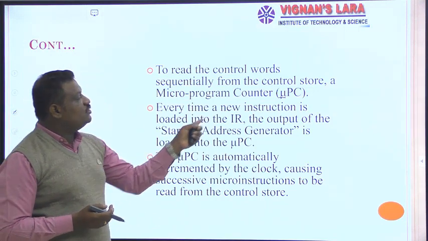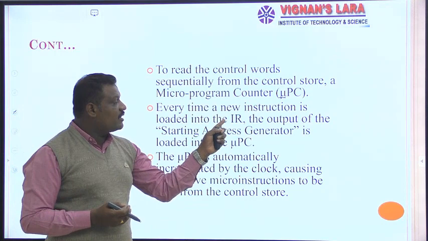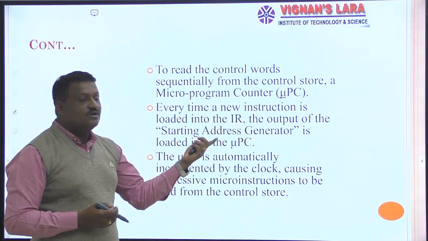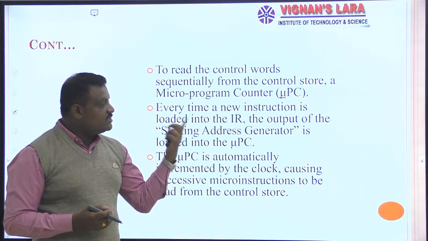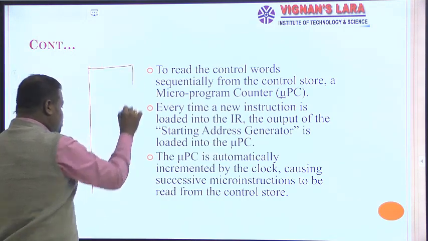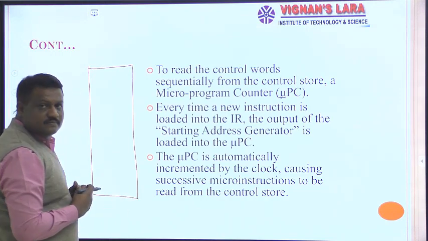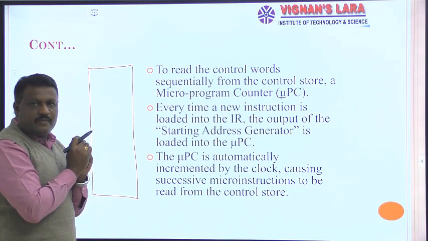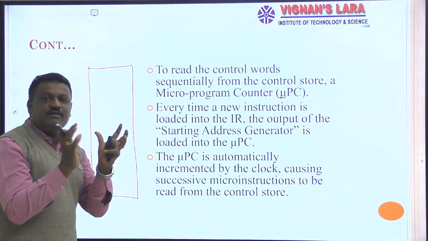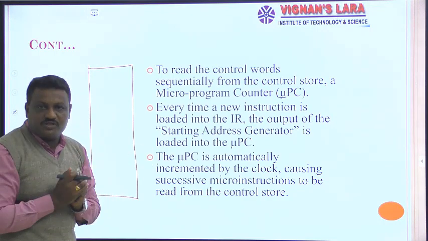Next, every time a new instruction is loaded into IR, the output of the starting address generator is loaded into MUPC. That means, see here friends, assume this is my control store or control memory. What is the job of control memory? The control memory or control store can hold different micro routines or micro programs.